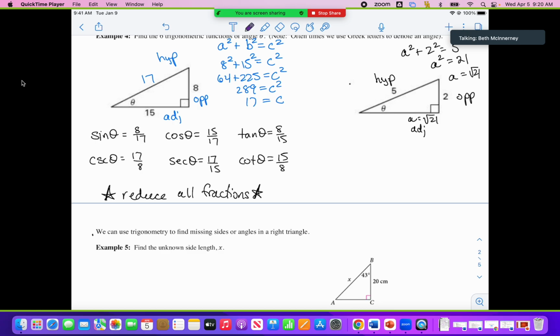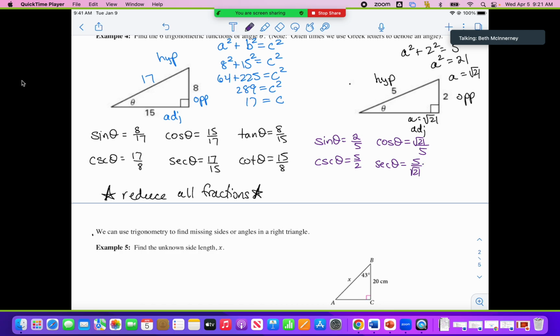All right, so watch what's going to happen. I'm going to do sine theta is 2/5. Cosecant theta is 5/2. Cosine theta is square root 21 over 5. And secant theta is 5 over the square root of 21. We have a problem here in that reciprocal, secant theta, I can't leave a square root in the denominator.